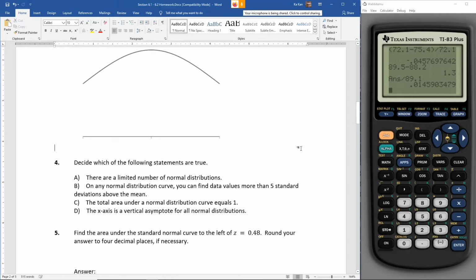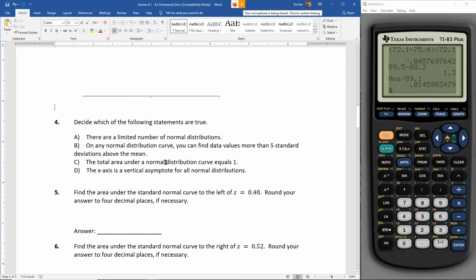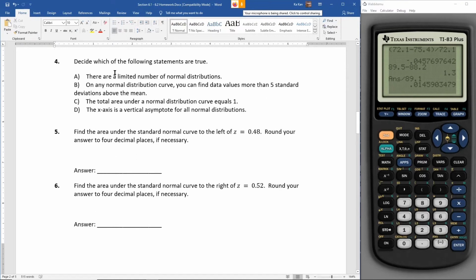So decide which of the following statements are true. There are a limited number of normal distributions. On any normal distribution curve, you can find data values more than 5 standard deviations above the mean. The total area under a normal distribution equals 1. The x-axis is a vertical asymptote for all normal distributions. Now, I know it sounds a little bit crazy with all these things.